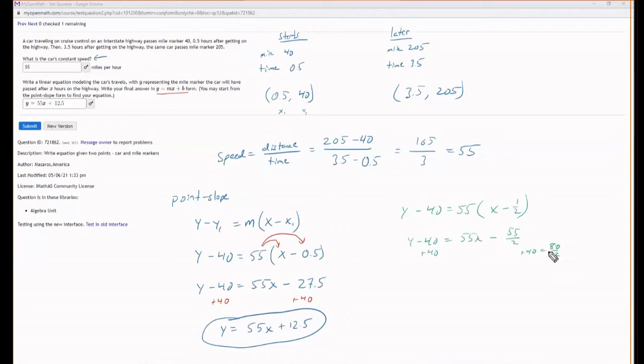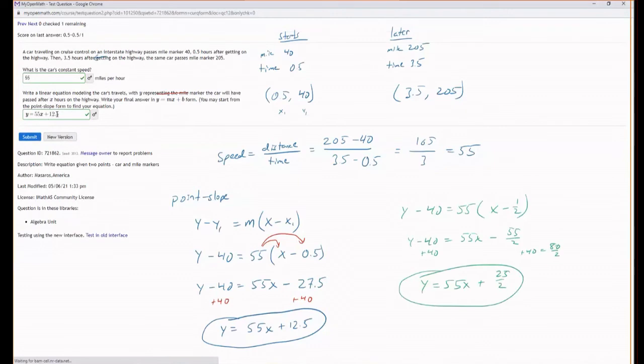So I have negative 55 halves plus 80 halves. Okay, so negative 55 plus 80 gives me 25. Okay, and I'm pretty sure that the computer will accept either one of these as a right answer.